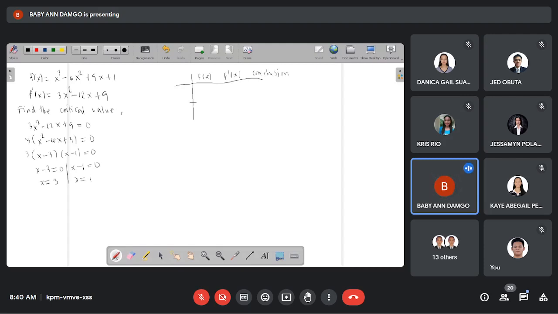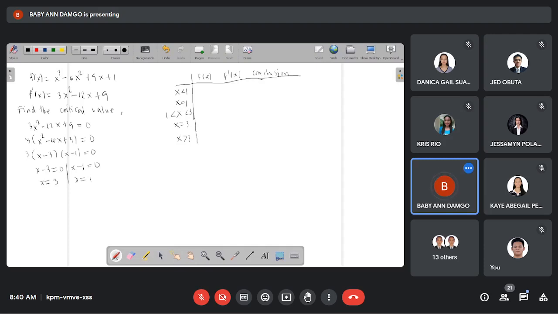So we have x is 1, and then x is 3. Here we have x is less than 1, x is greater than 3, and x is between 1 and 3, so x is greater than 1 but less than 3.